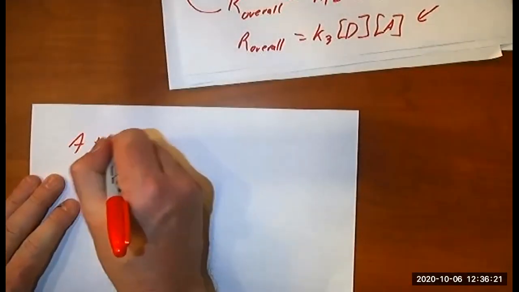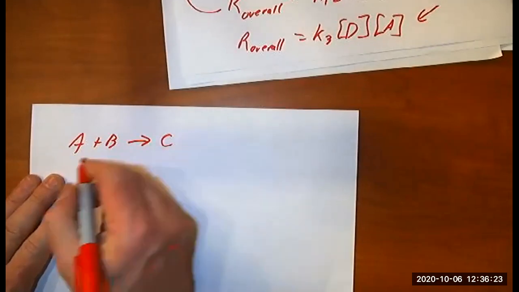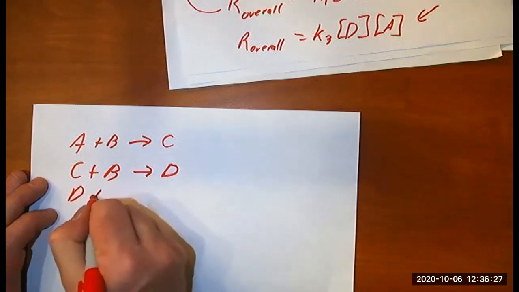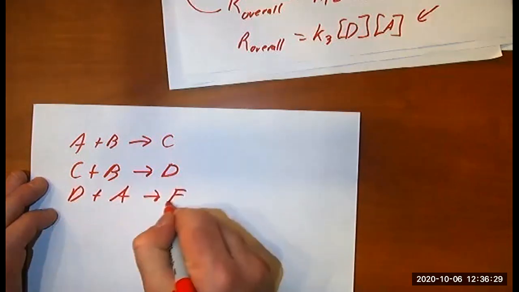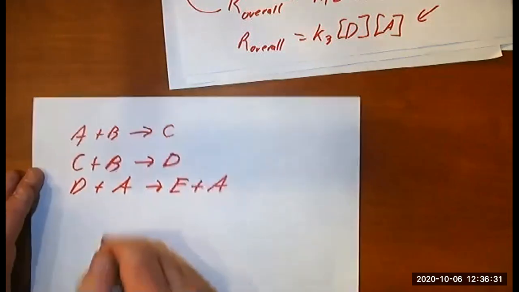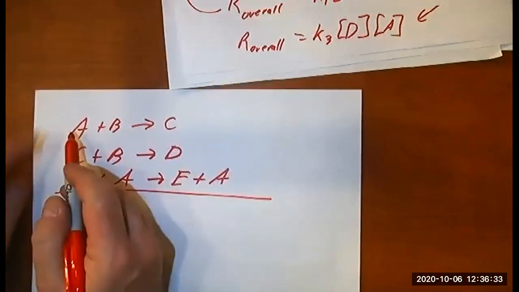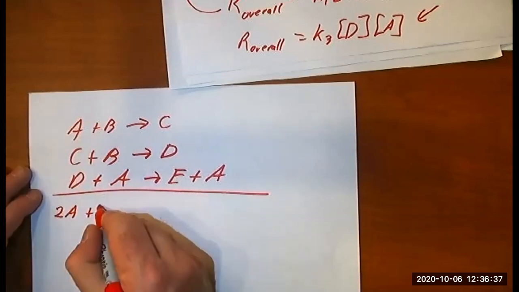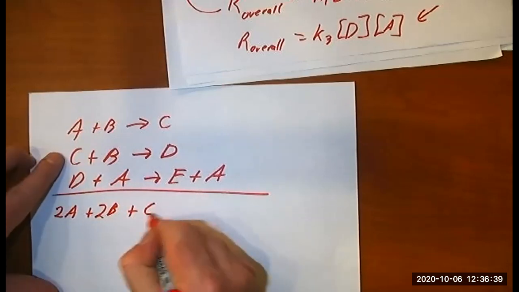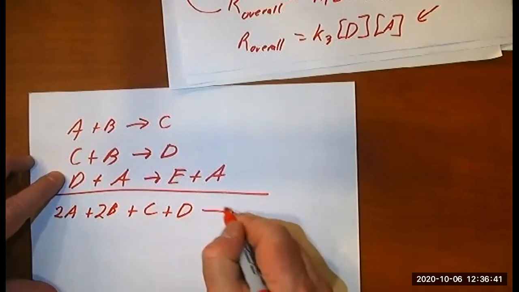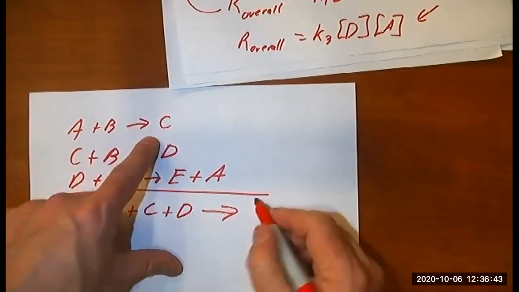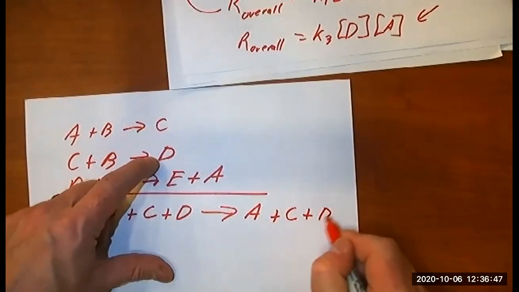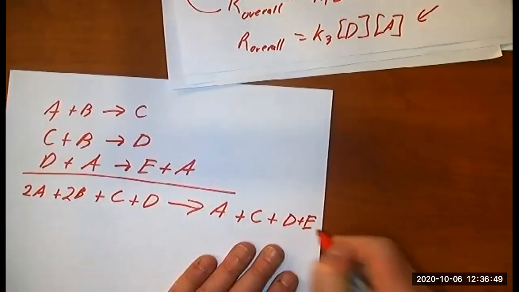So we have A plus B goes to C, C plus B goes to D, D plus A goes to E plus A. So adding it together, we have AA for 2A plus 2B plus C plus D goes to an A plus C plus D plus E.